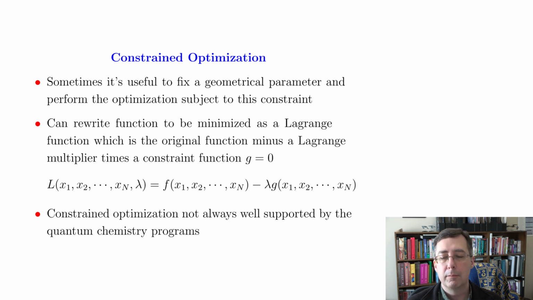And we can minimize that Lagrange function and find the minimum of that, and that will be the minimum of the original function subject to the constraint. A technical problem is that not many quantum chemistry programs have an extremely robust implementation of constrained optimization, so your mileage may vary.